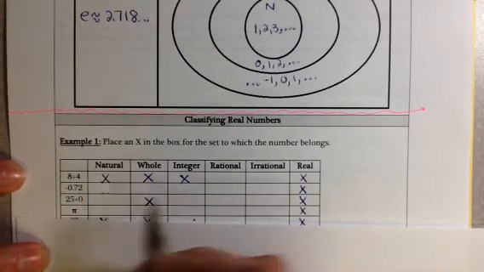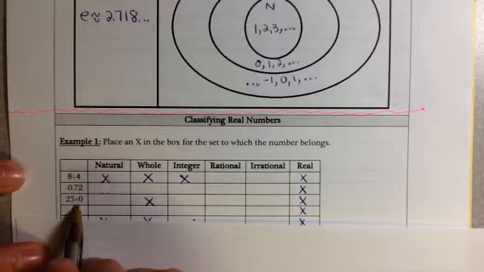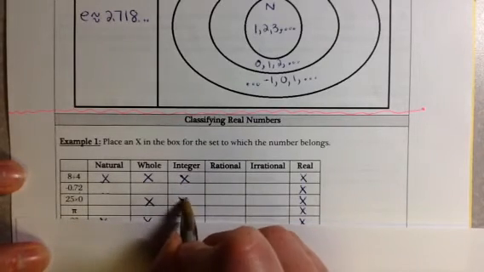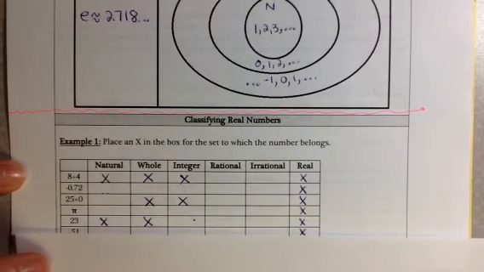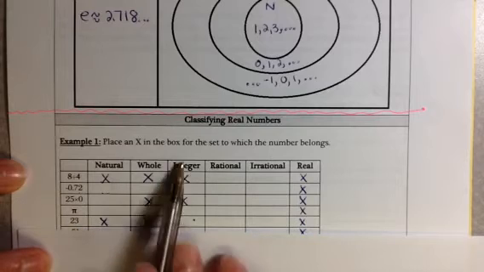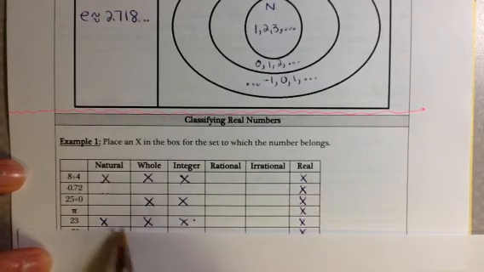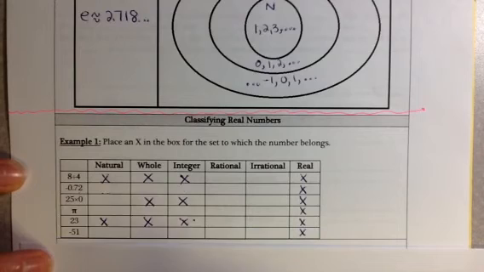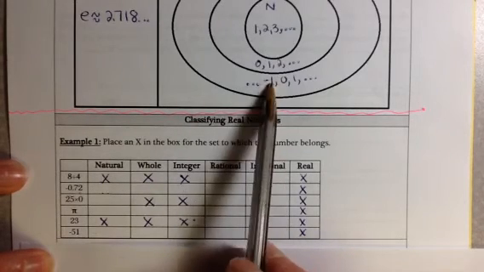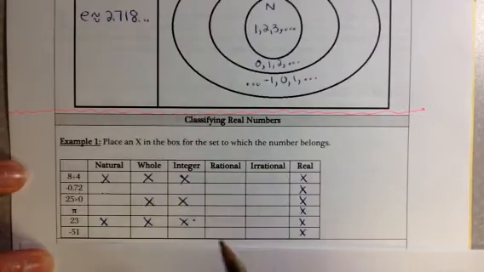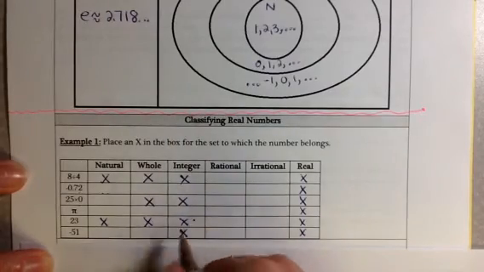So we're going to skip over that one. And then this is going to be 0, and 0 is included in the integers. Pi is not because it's an irrational number. 23 is also included in the integers. It's natural, whole, and an integer. And negative 51 would also be an integer because we could keep going this way. We would eventually get to negative 51. So we're going to check that.